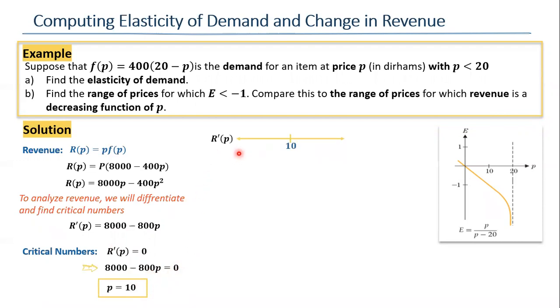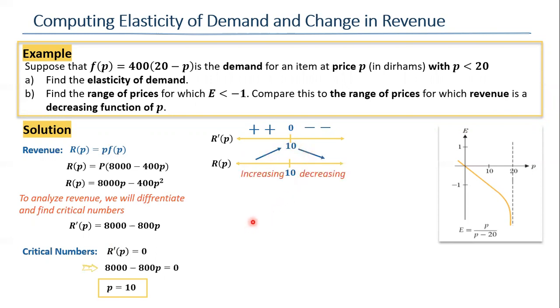Now we'll make a sign chart for revenue. R prime, the critical number is 10. We'll make a sign chart as in previous examples. To the left of 10, the revenue is increasing, and to the right of 10, decreasing.